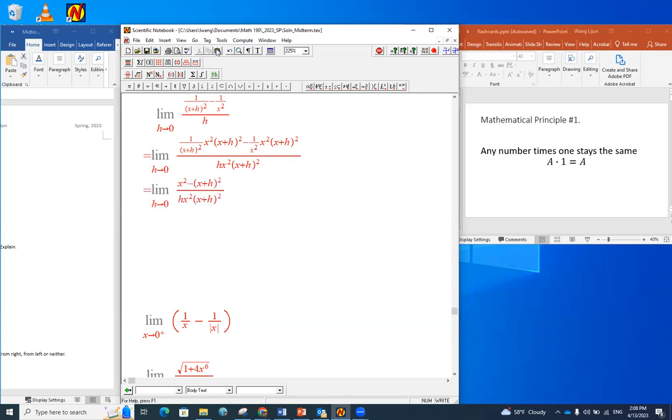Okay. And the next one, we're going to multiply this out. So (x plus h) squared equals x squared plus 2xh plus h squared.